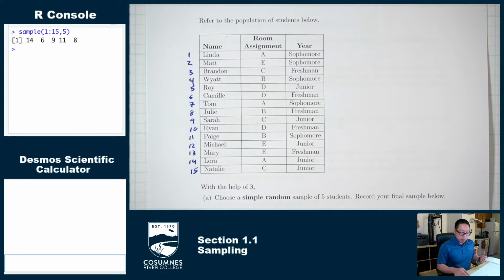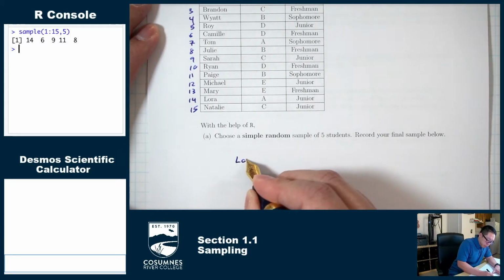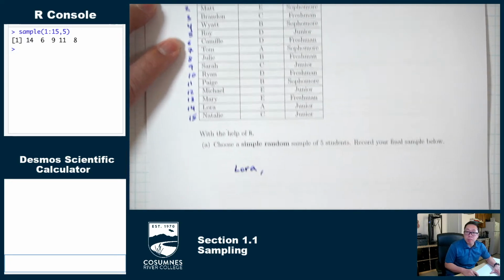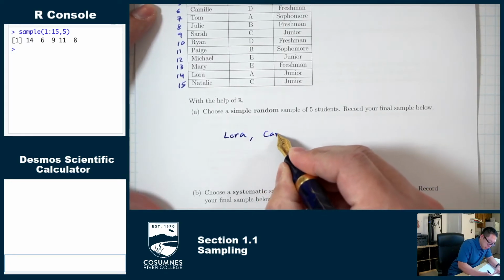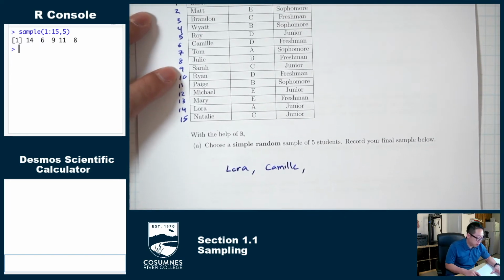So this is telling me to pick person number 14, which is Laura. Person number 6, Camille. Person number 9, Sarah.